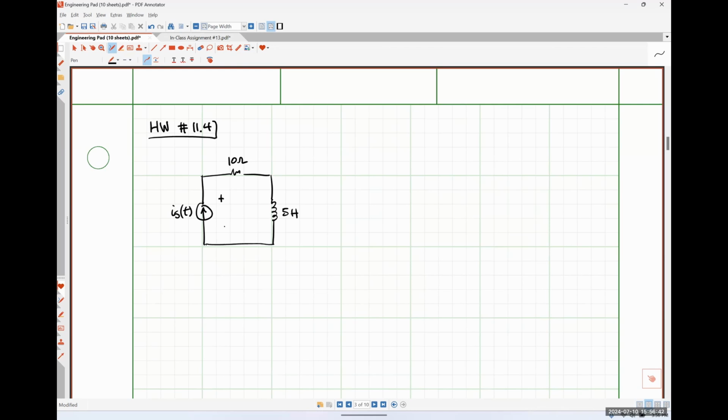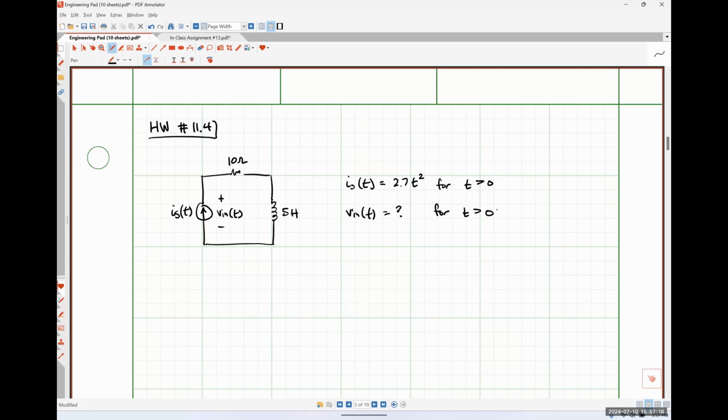We are trying to find this input voltage as a function of time when Is of t is given by the expression 2.7 t squared for t greater than 0, and we want Vn for t greater than 0.